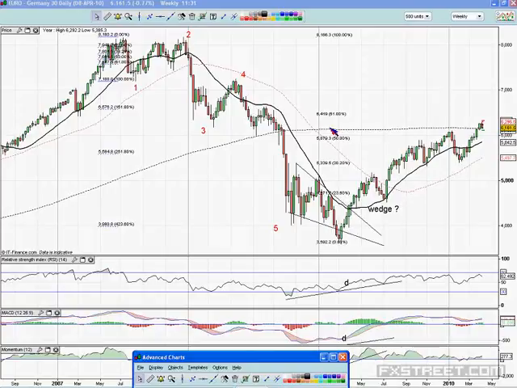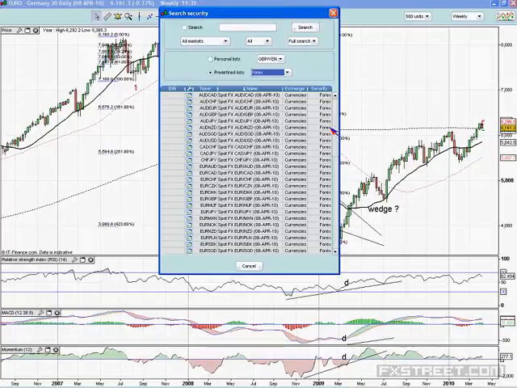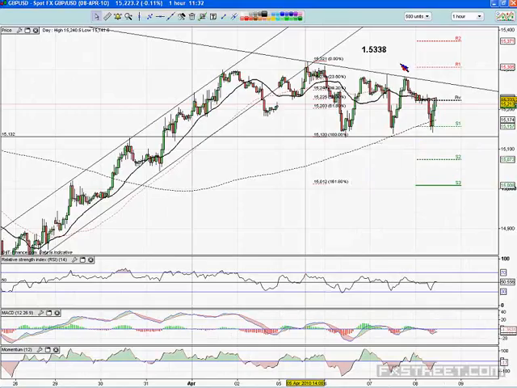Not since the start of the webinar. No. Let's have a quick flip. You've got me interested now. We did a breakdown on cable, euro dollar, and euro sterling last week. It's in a triangle formation. I'm taking sell signals basically.